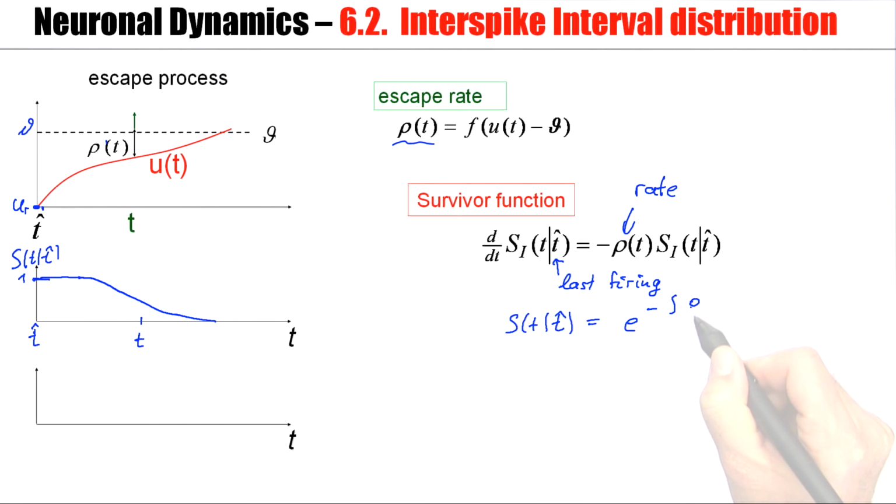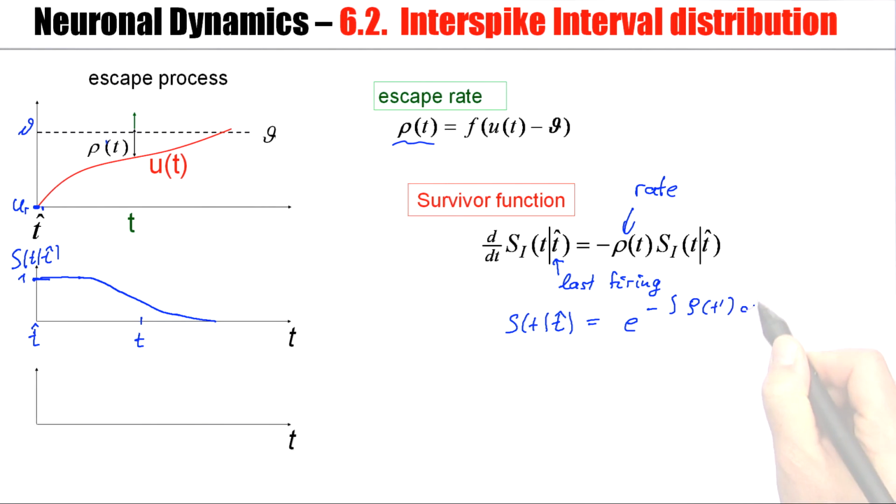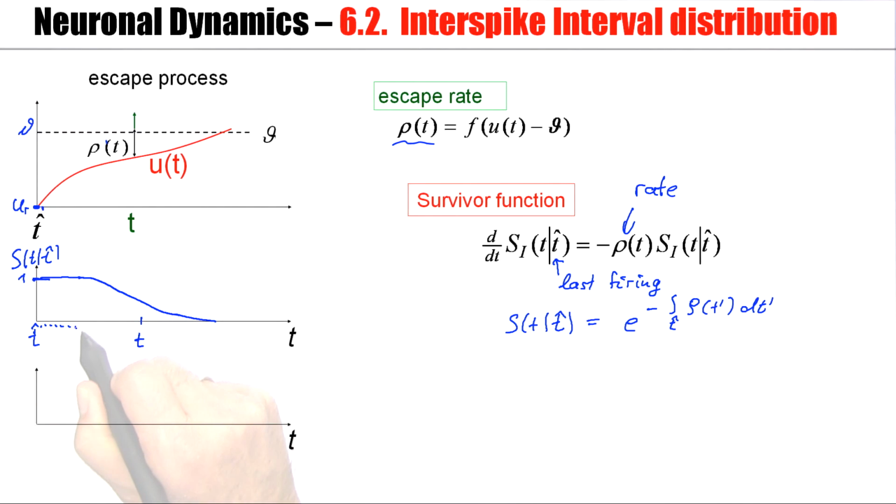So we integrate this rho of t prime starting at t hat. And then we integrate this. This is some arbitrary time t prime between t hat and t.